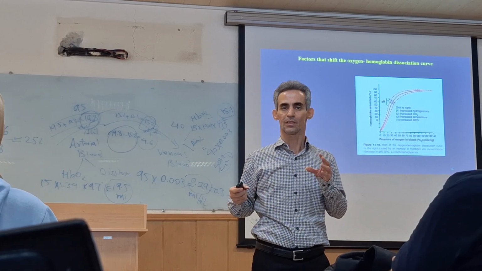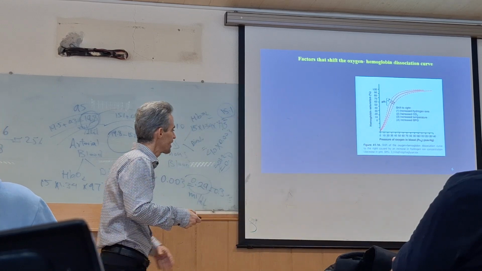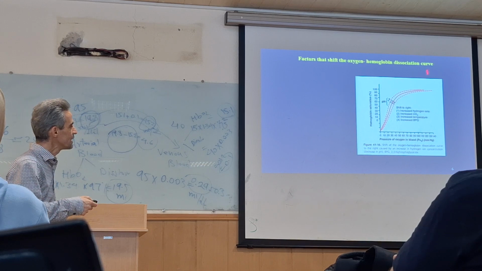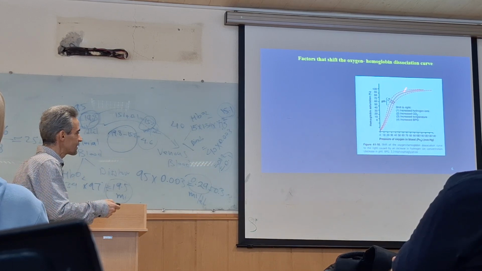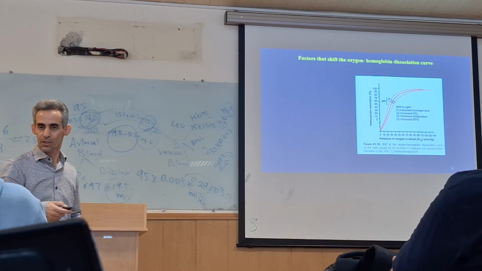This affinity for oxygen and hemoglobin is indicated by this curve. This curve is named the oxyhemoglobin dissociation curve and is not linear, it is a sigmoid shape.